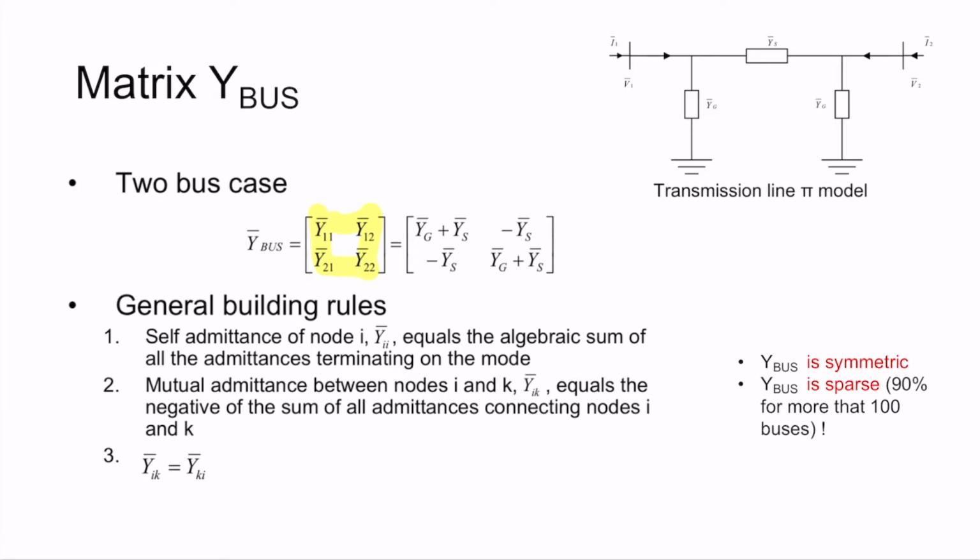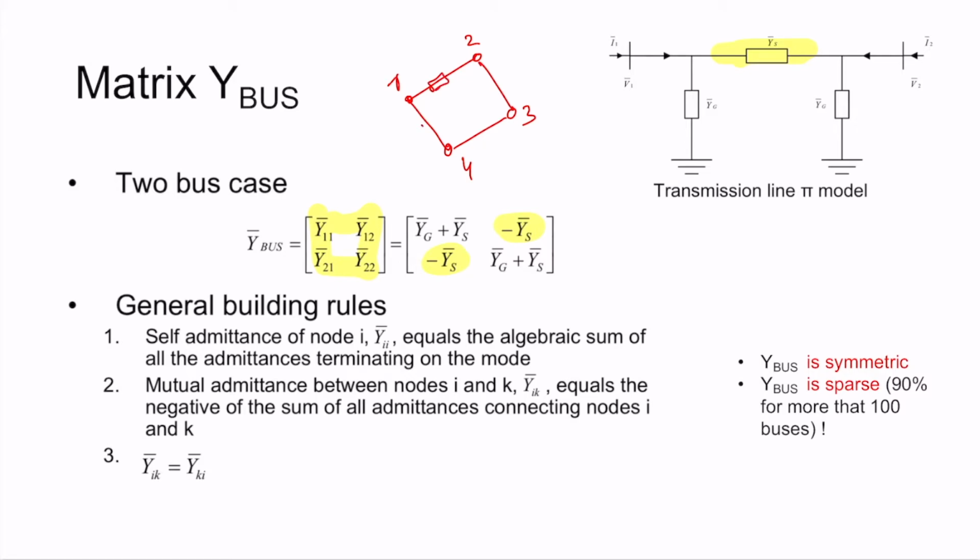So the first observation is that what we have at every non-diagonal element of this Y matrix is the minus series admittance. So that's very simple. Now let's imagine that we have a system of 4 nodes. Node 1 is connected with node 2, node 2 is connected with node 3, node 3 is connected with node 4, and node 1 is also connected with node 4.